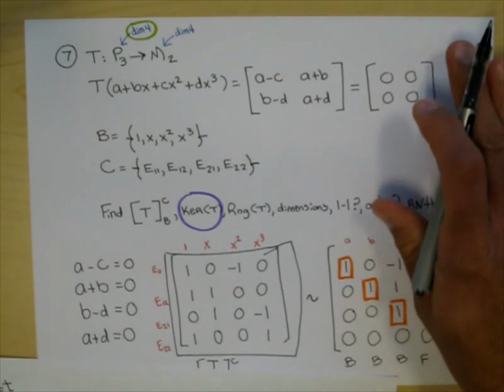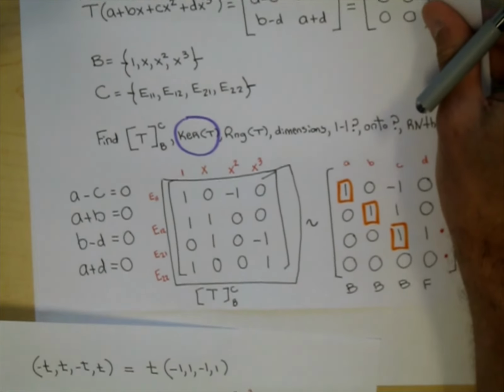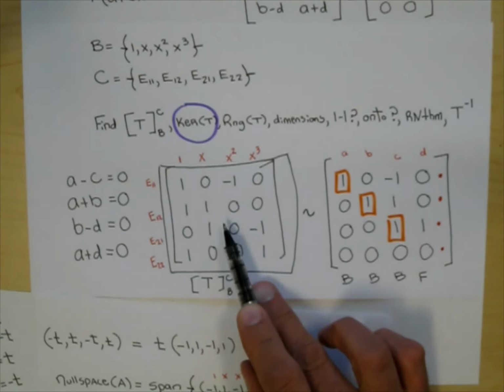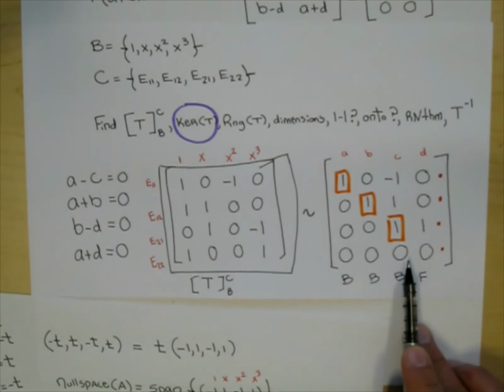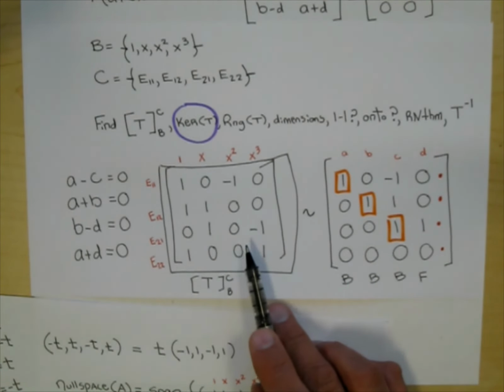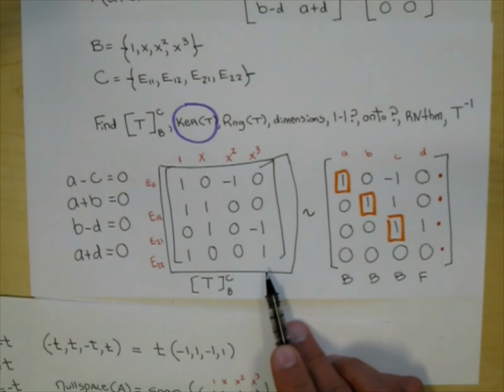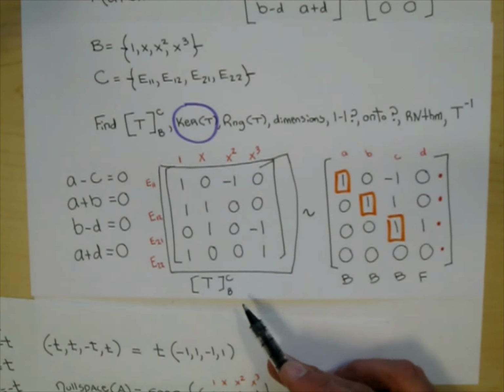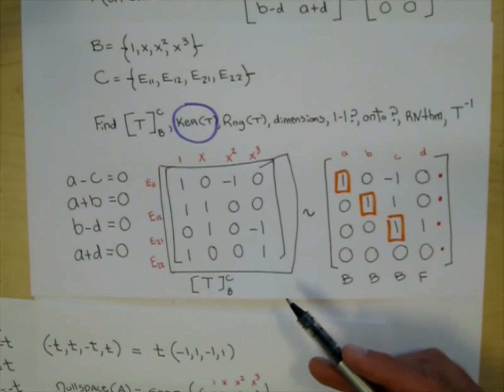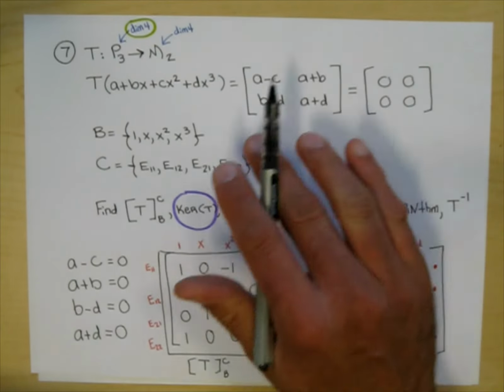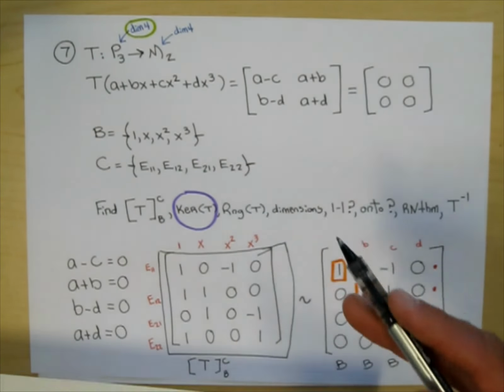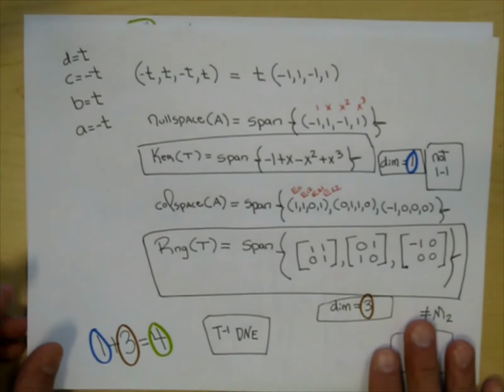And if it did exist, and I don't think you get anything this hard in your homework, then this 4x4 matrix would be row equivalent to the identity, and you would have to find the inverse of that 4x4 matrix, and that would point you in the direction of writing down the inverse transformation. But this one does not exist, so we don't have to worry about that.